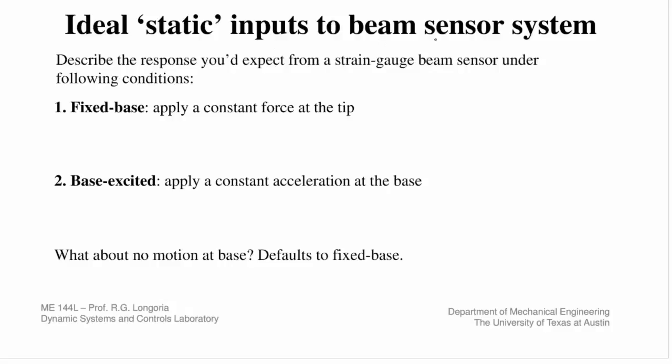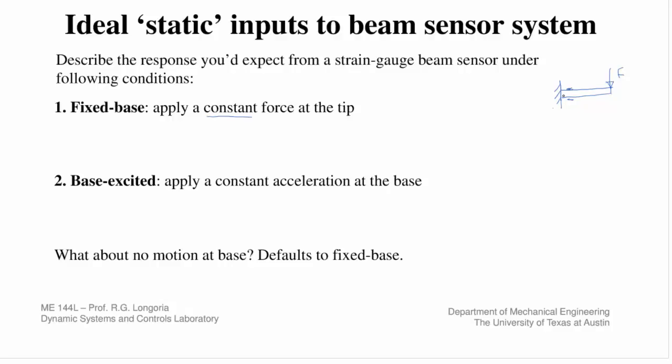In the case of a beam sensor, say one we might study in the lab, we just have a beam, and in one case, let's say we have a fixed base and we are applying a constant force at the tip. This is the strain gauge beam sensor, so we might have some strain gauges here. Let's think about the case where you just apply a constant force at the tip.